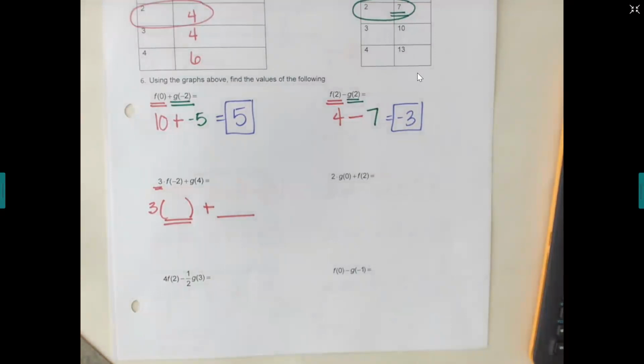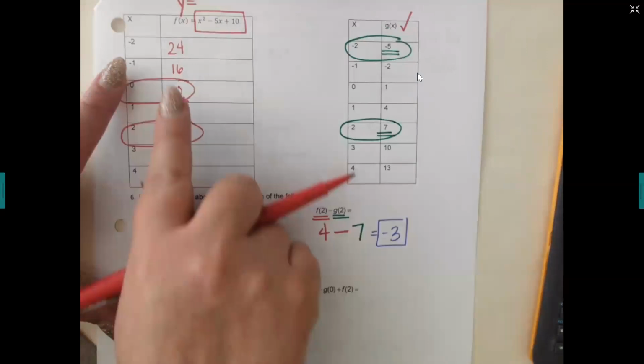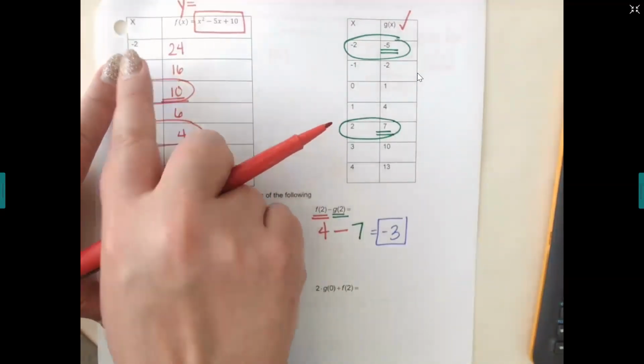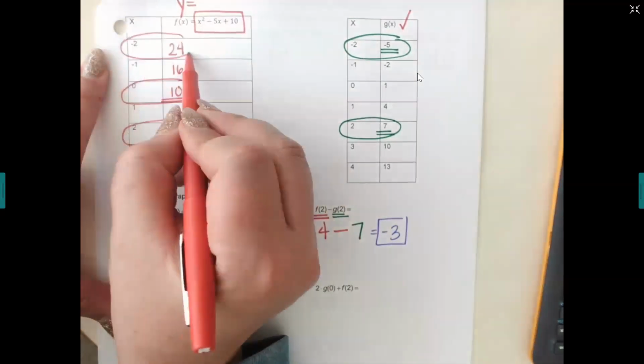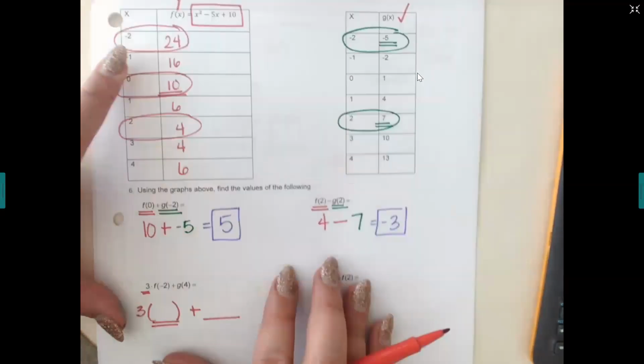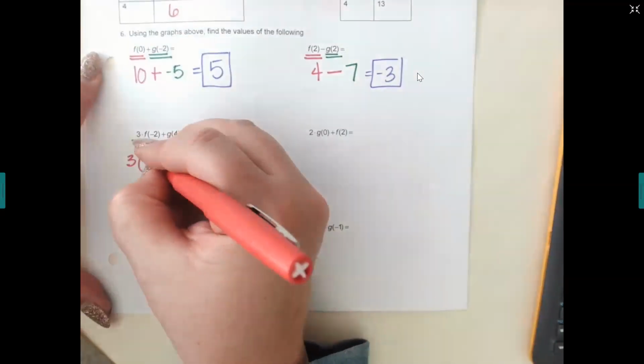Okay, then look at your chart, f of -2. What is the number with -2 for f? Okay, -2 is here. What's the partner? 24. And then you put your 24 there.